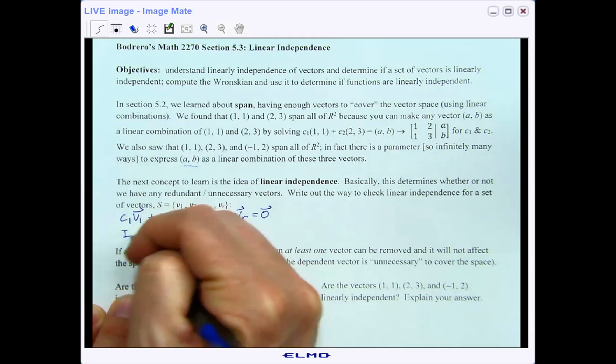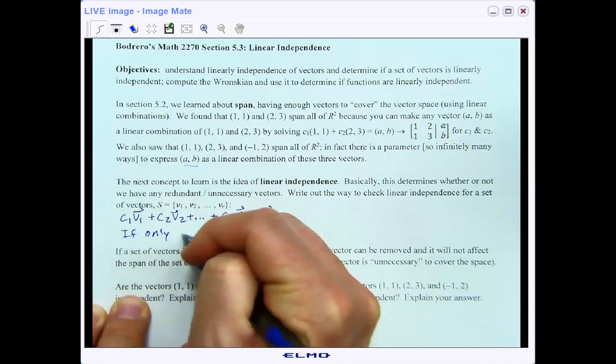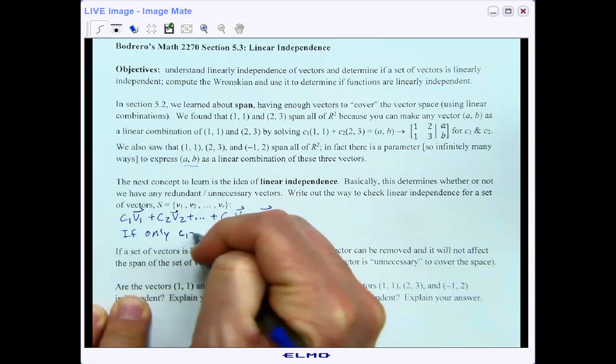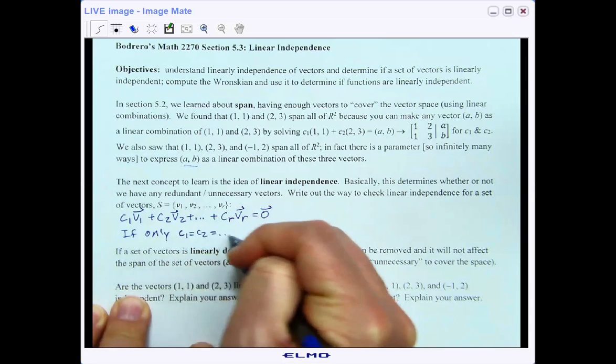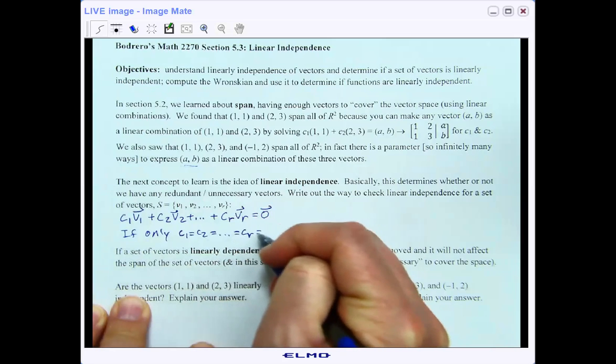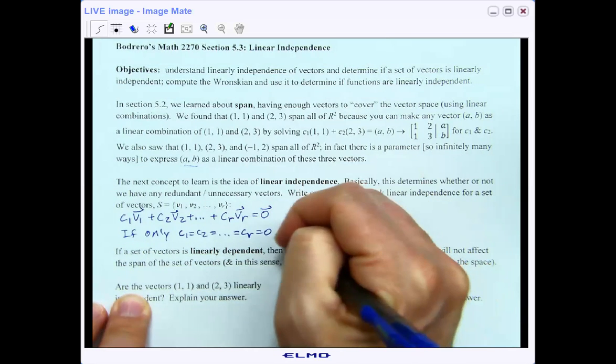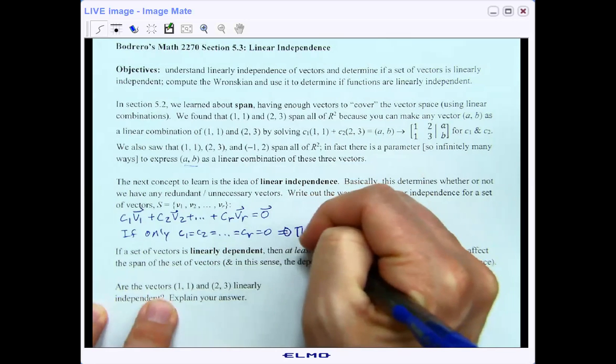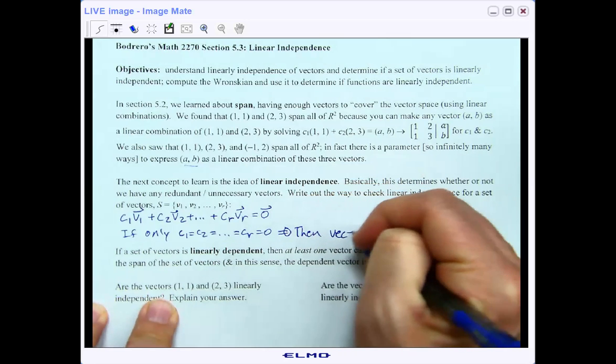if the only way to make the zero vector is to choose c1, c2, and all of the constants to be 0, then the vectors are linearly independent.